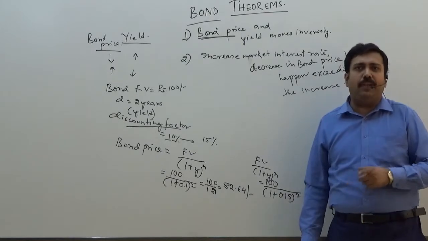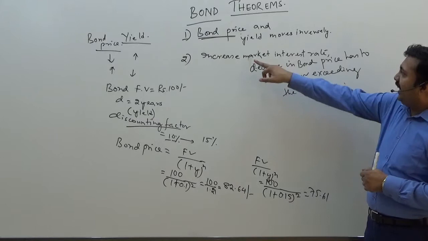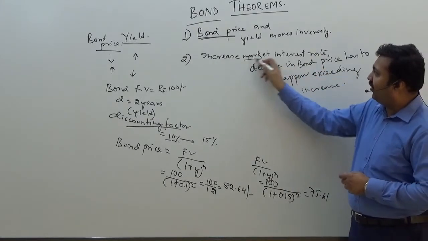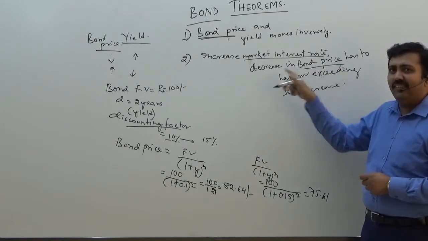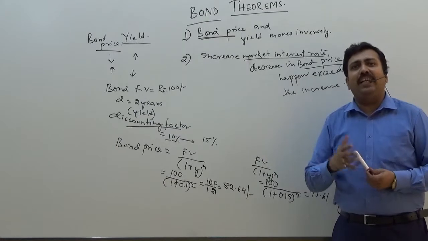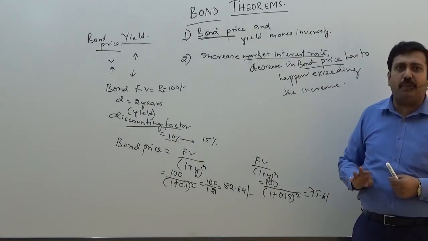Say for example, let us take a problem to understand that if we increase the market interest rates, the bond price has to fall, because people might lose interest in investing in the bond markets.